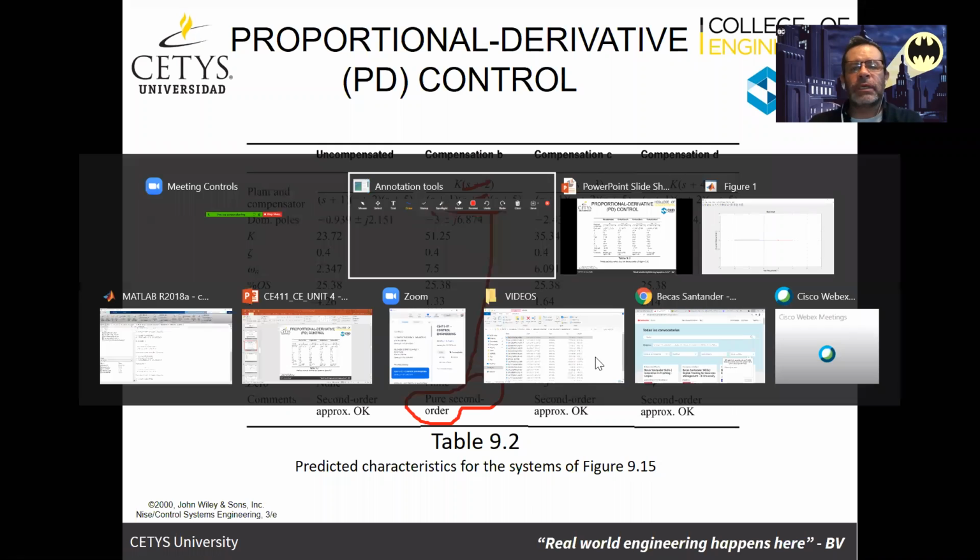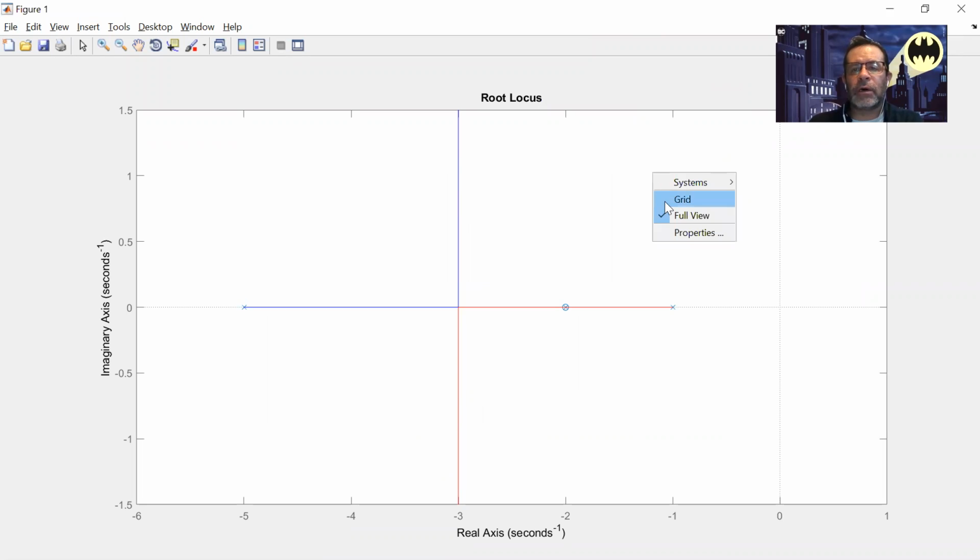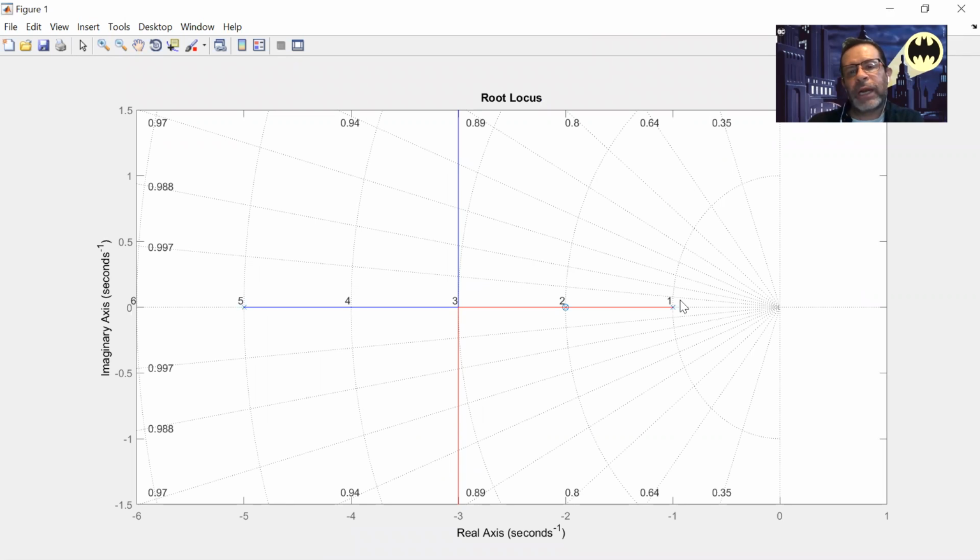And now the root locus, if I go back here and look at the root locus, I can do a grid also here. And notice what happened. The point that I originally had over here around the 0.4 line drastically moved to the left.